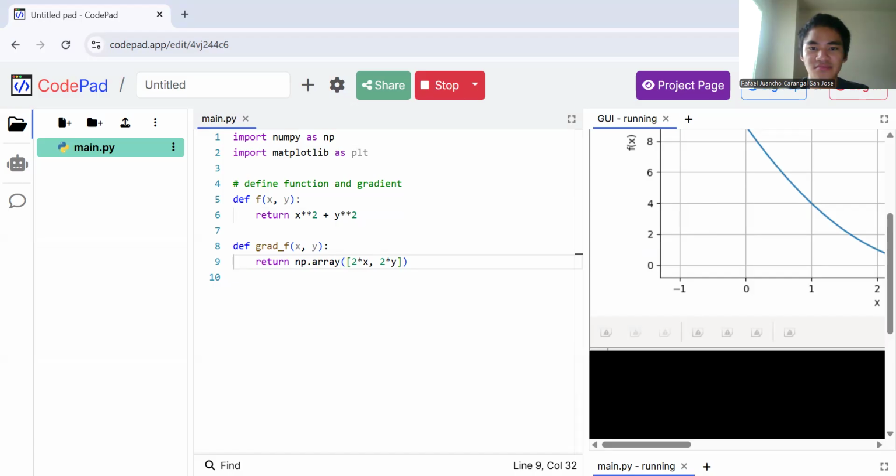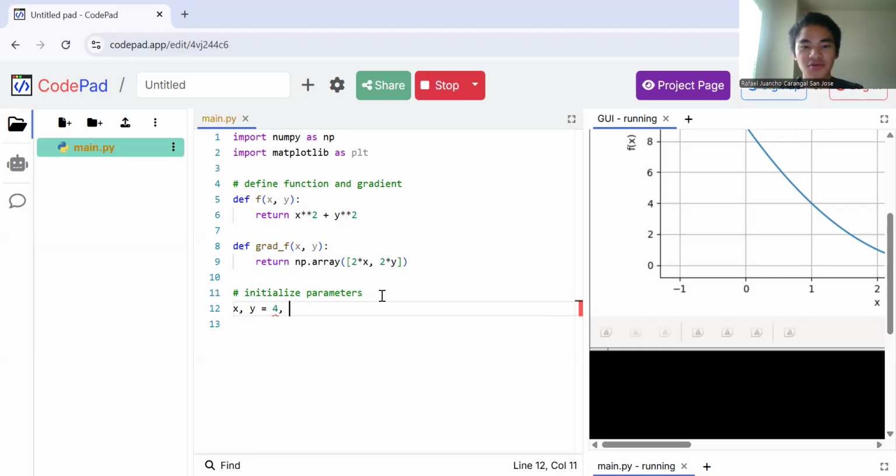And then from there, now I initialize my parameters. So what do I mean by parameters? I mean my initial guess, my x naught, my learning rate alpha, as well as the number of steps I want to take. So here my x and y are initially just some random guess. Anything works.